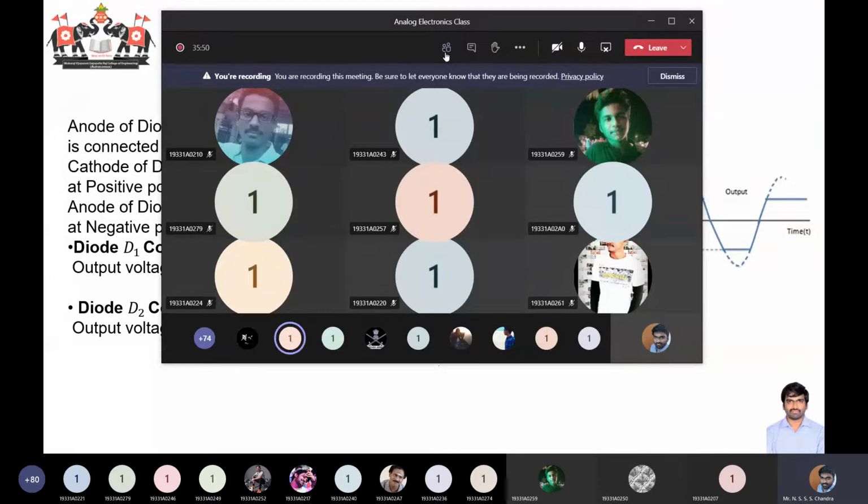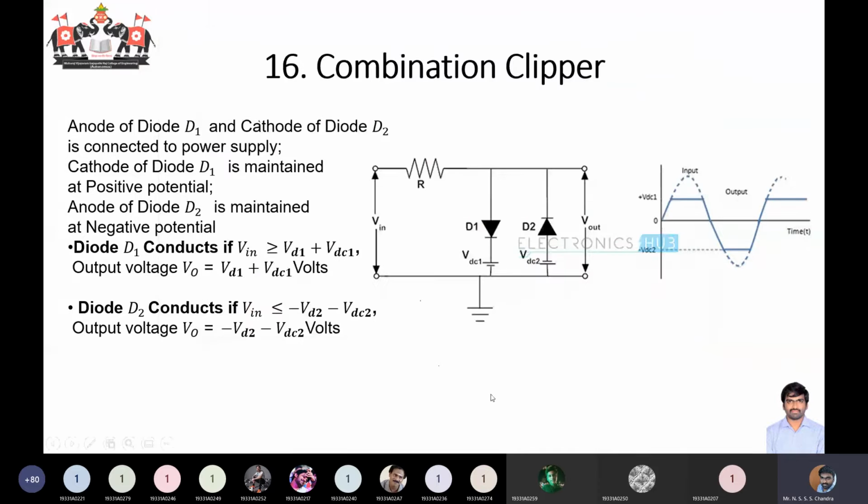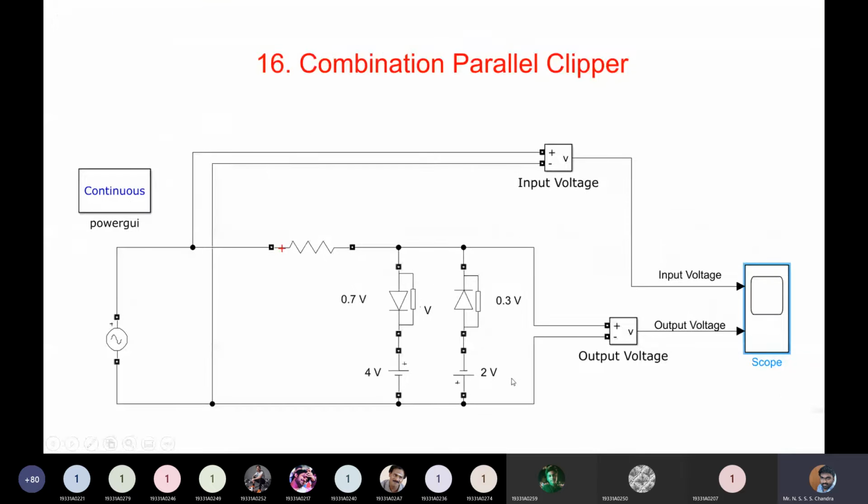242, sir. Okay, please respond. So when will your diode be in on condition for this circuit? Now how are you telling? Let us say that this is diode D1.